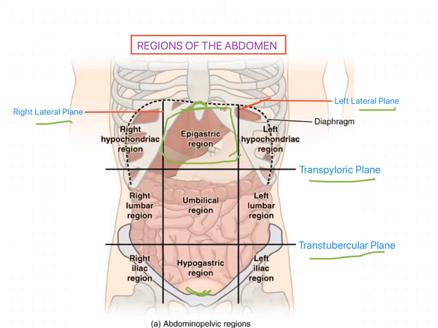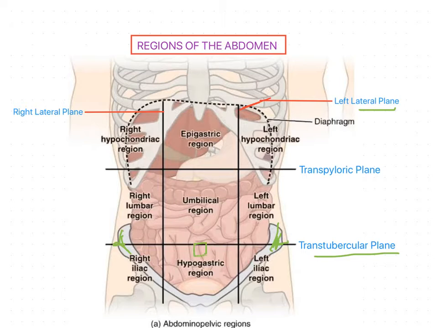Now the other transverse plane, the trans-tubercular plane. This plane passes through the tubercles of the iliac crest and the body of the L5 vertebra near its upper border.